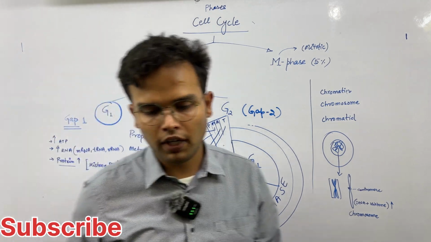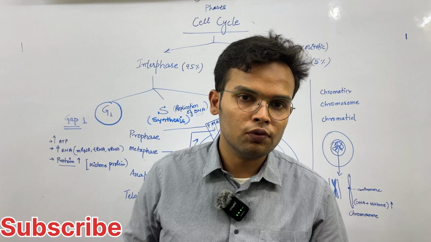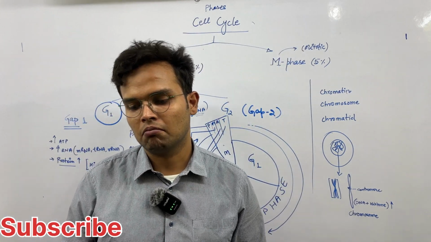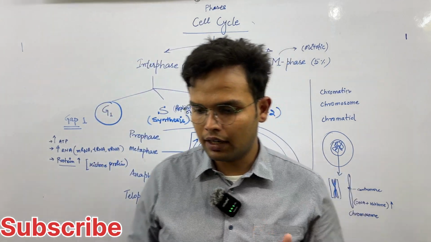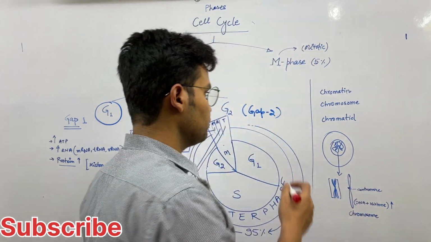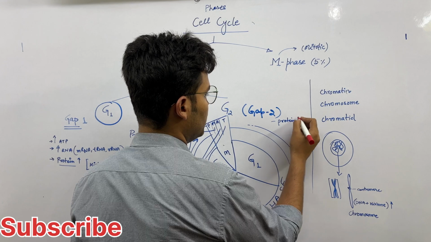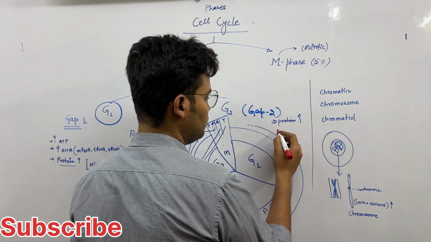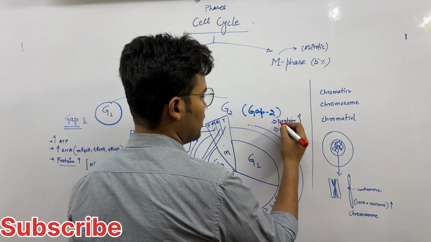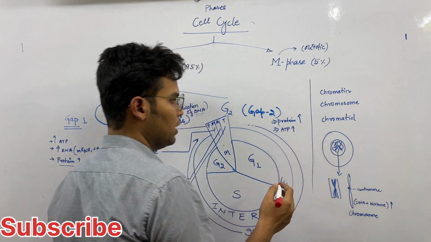Now in the G2 phase, we are going to discuss that again. Gap 2 is also for the increase in protein content. If the cell is getting divided, then a new cell membrane is also going to form, which leads to the increase in protein content, as well as specific ATP consumption that also takes place.